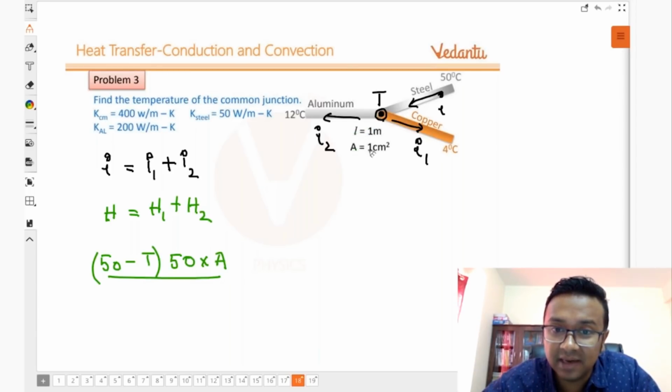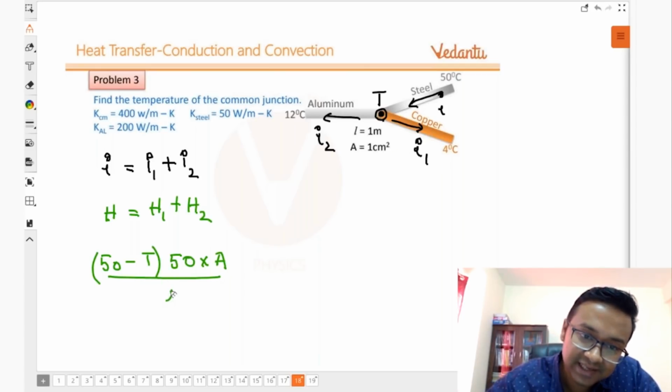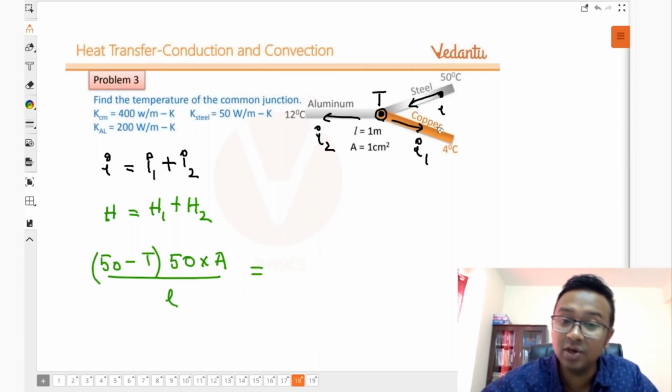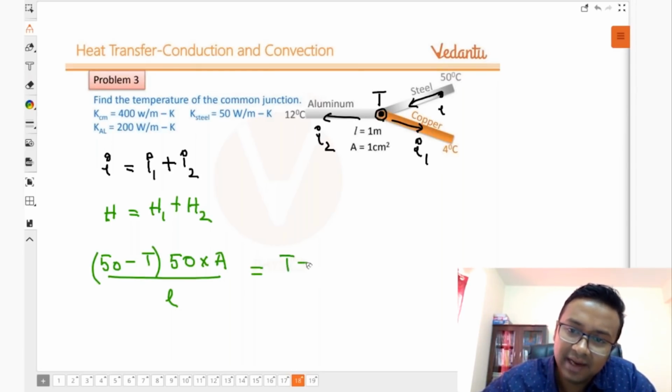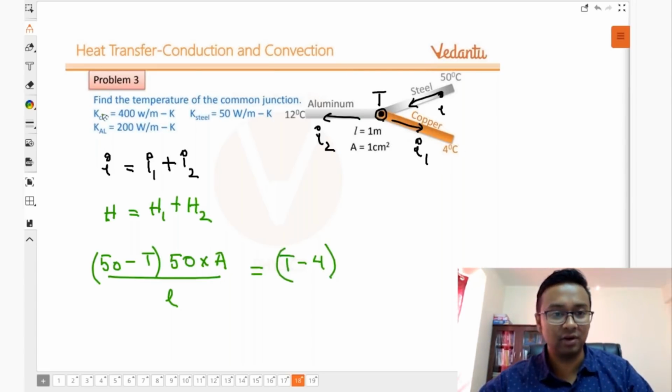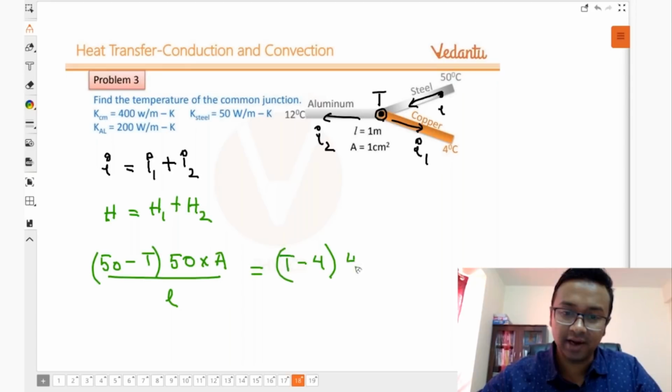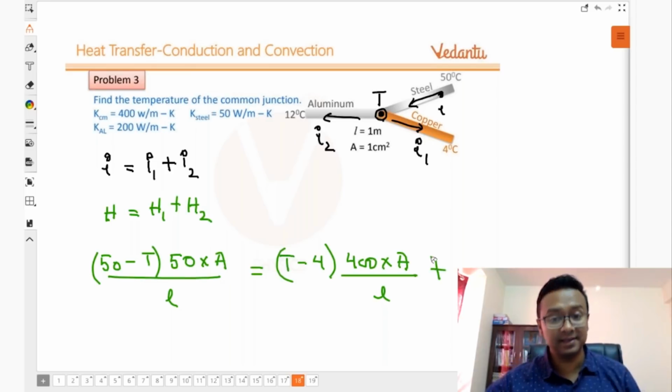Length is 1 meter, area of cross section is 1, so I'll just take it as L. H1 is this. I'm assuming this is at a higher temperature, so this is going to be T minus 4 into its conductivity, that is 400, into A divided by L, plus.